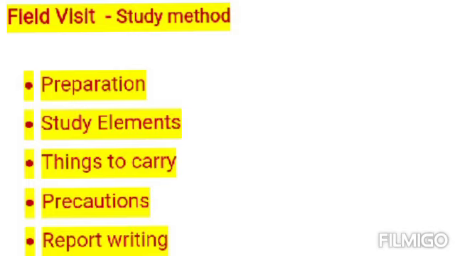So we have to take some precautions during the field visit. What are the important precautions? We have to take care of ourselves as well as our colleagues. Second, we have to follow the instructions of our teachers. Third, we should not go to unknown places and remote places without the permission of the teacher, right?